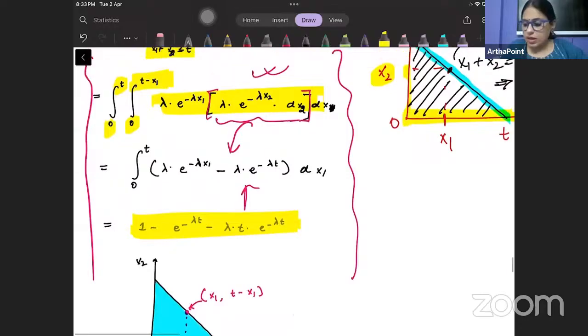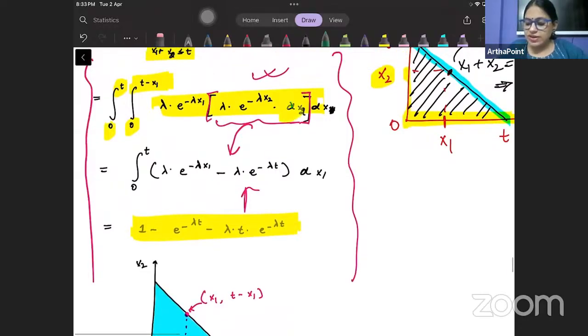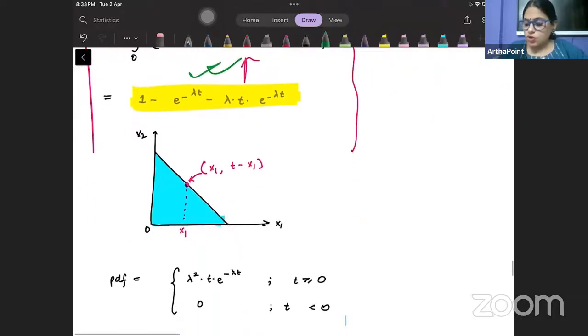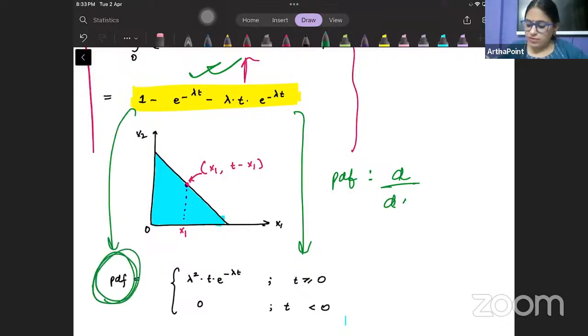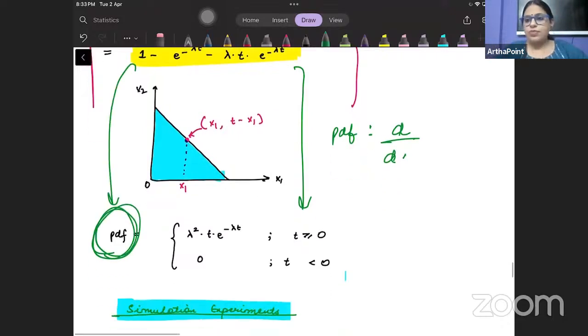When you integrate it, पहले आपने इसको with respect to x2 integrate किया, then with respect to x1, you will get your CDF function. So if I want to go to the PDF, then I know that I can just differentiate the CDF function and I will be able to get the PDF, right? So यहाँ से we can at any point of time get the PDF also.